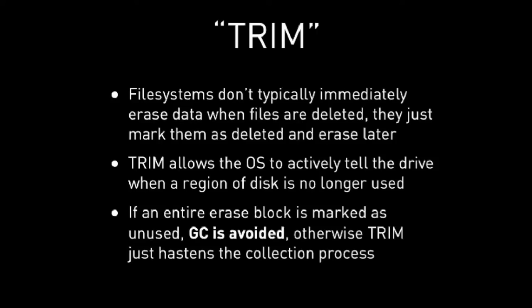Trim is a command. File systems don't actually erase data when you delete a file. They just mark it as deleted, and processes come back later to clean up; everybody's doing garbage collection. But trim allows the OS and the file system to say, in a very lightweight manner, that this region of the disk is no longer used. Instead of going through an expensive erase process, a trim is just a hint that says, hey, I no longer need this data.